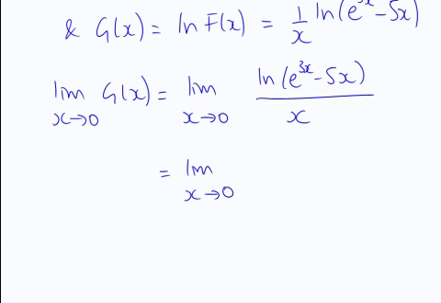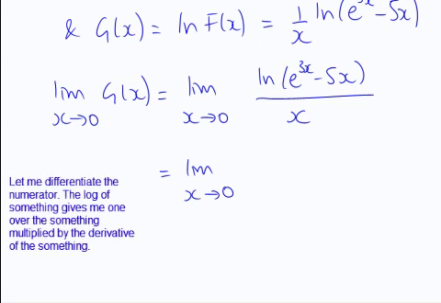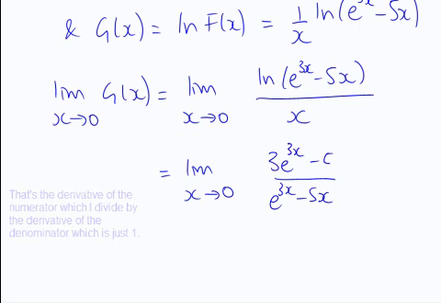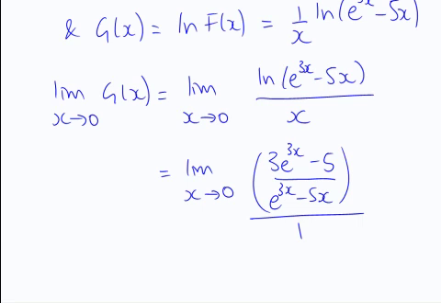The denominator x, if I differentiate that I get 1, so that's not actually going to affect things at all. But let me differentiate the numerator. The log of something is 1 over the something multiplied by the derivative of the something. That's the chain rule. So that's the derivative of the numerator, and I divide by the derivative of the denominator x, which is just 1.